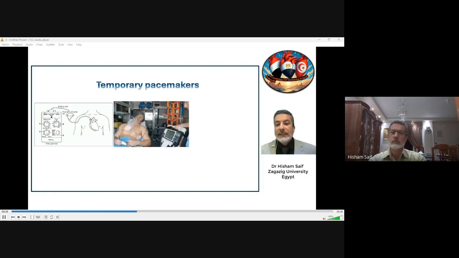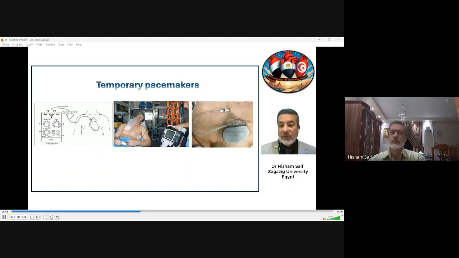Number two, transcutaneous pacemakers, which are typically found in emergency response vehicles and ICUs, integrated in the DC machines for immediate use in case of unavailability of the transvenous pacemaker. Number three is the externalized active fixation pacemakers, which are utilized for long-term temporary pacing, particularly in instances of infection or temporary contraindications for permanent pacemaker implantation.